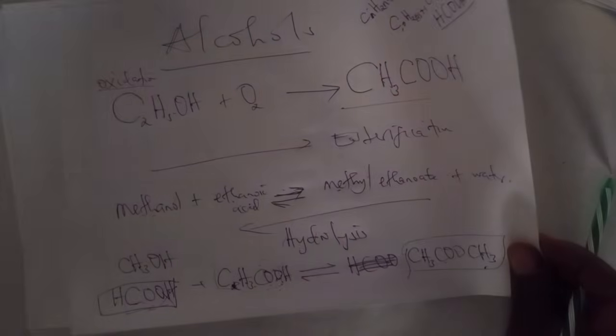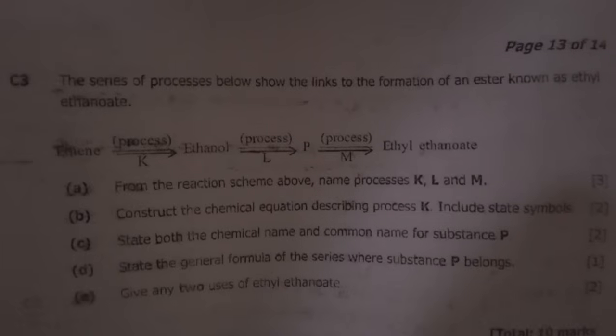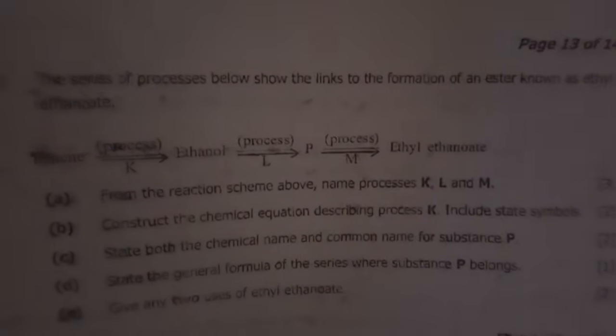So let's now go back to the question. What is the question saying? Well, the question is saying the series of processes below show the link to the formation of an ester known as ethyl ethanoate.